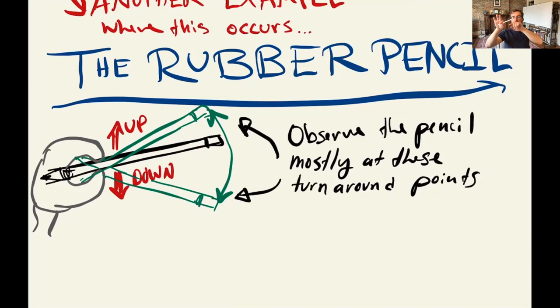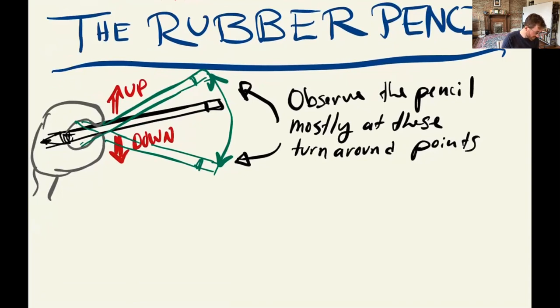Then your brain stitches in this set of turnaround points, and it creates this weird rubber appearance. So the question is, how do you model this?